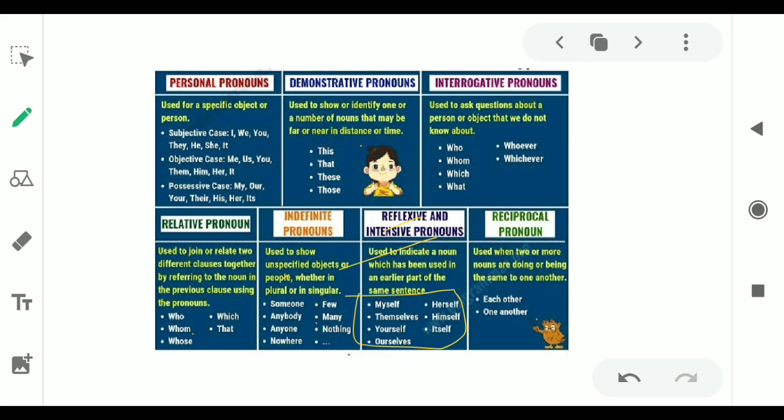When the pronoun ends in self or selves, it is known as a reflexive pronoun. So how will you identify which is reflexive and which is intensive pronoun? I will teach you in a very simple way.